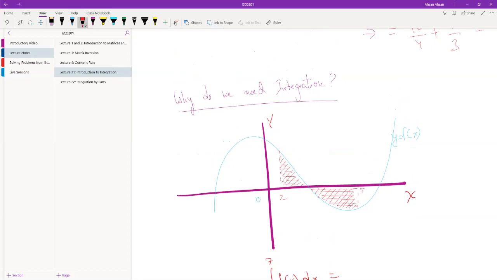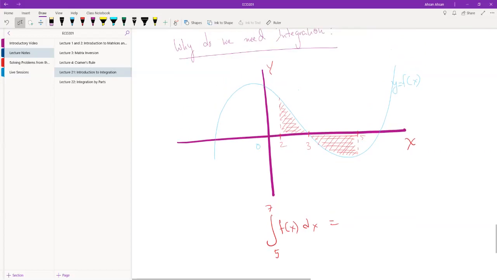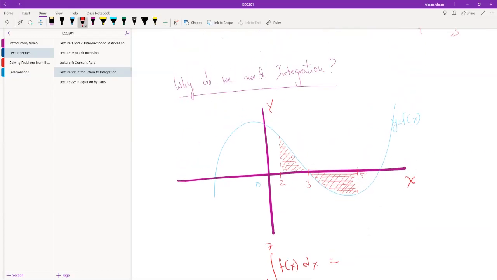What would we do? First, we need to find this spot. Suppose this is 3, this is 2, this is 5. And then what we are going to do is we're going to do this twice, okay? Because notice that this will be a positive area and this will be a negative area.